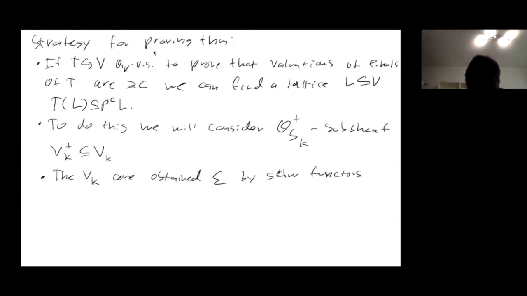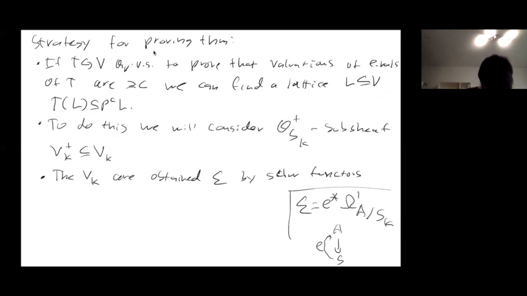Maybe I should just remind you, the Hodge bundle is the pullback along the identity section of the sheaf of differentials for the universal abelian variety. So E is the identity section. And so it suffices to find this lattice or this integral sheaf for E.